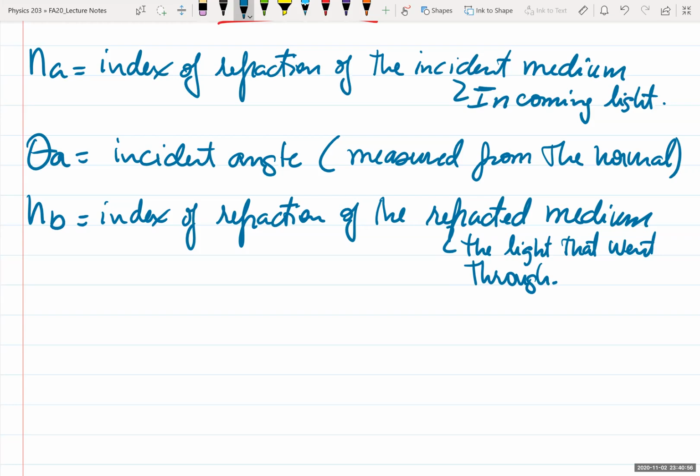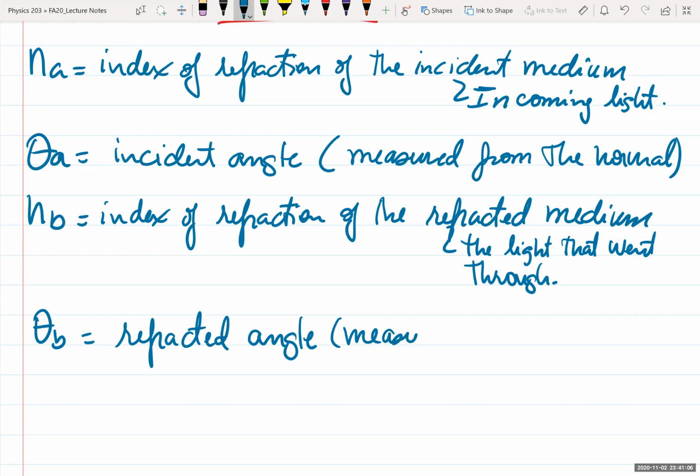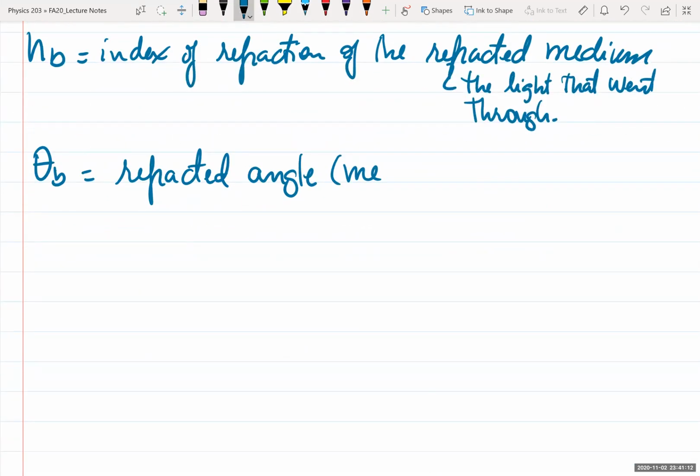And of course theta sub B is the refracted angle, again measured from the normal.